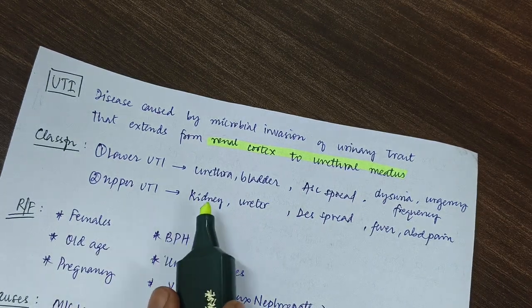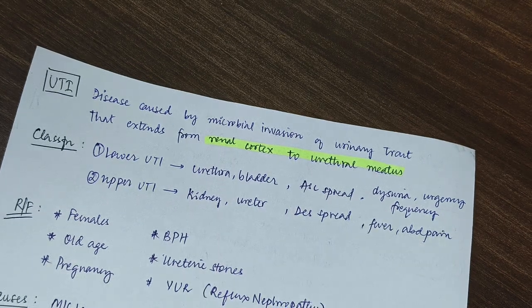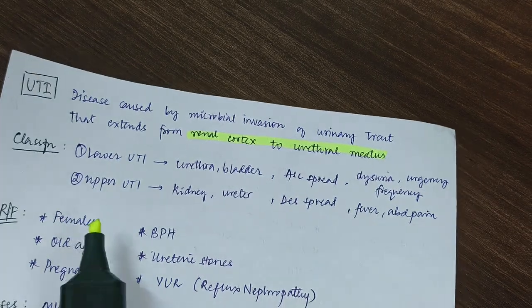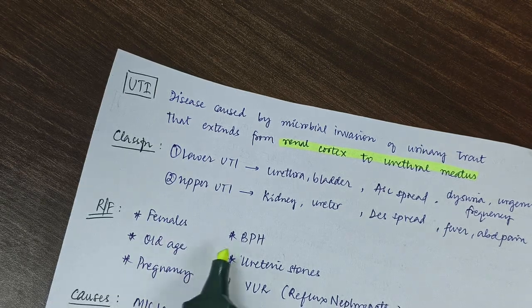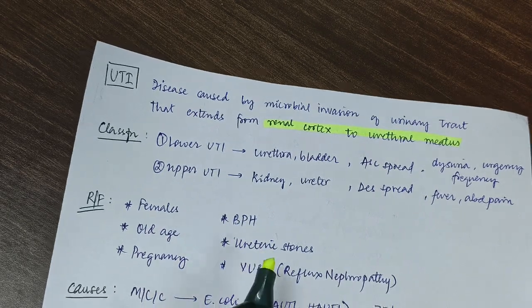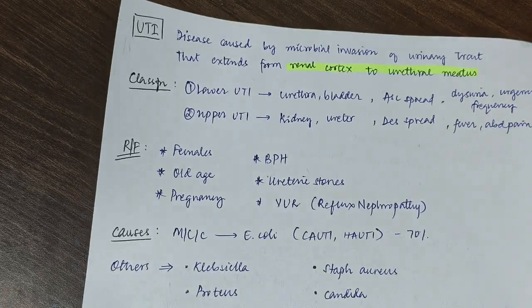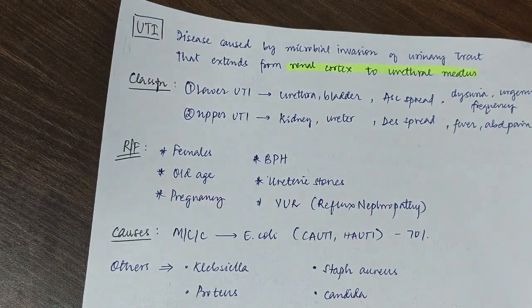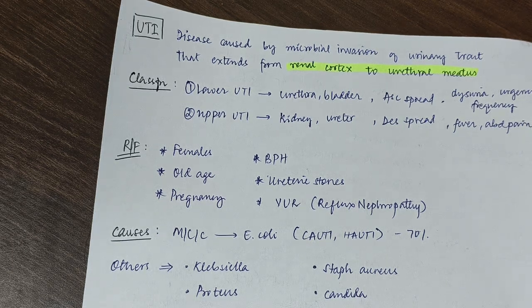Whereas upper UTI, it is kidney, ureter and descending spread leading to fever and abdominal pain. Risk factors being females, old age, pregnancy, benign prostatic hyperplasia, ureteric stones. All these are the risk factors, with reflux nephropathy in case of congenital babies.